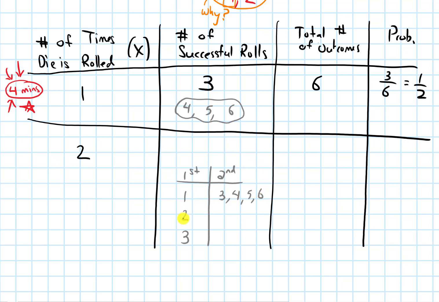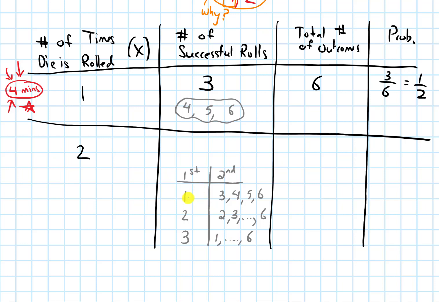In the same way, if the first roll is a 2, the smallest the second roll could be is a 2 so that the sum is greater than 3. Anything higher than 2 for the second roll would work, so 3, up until 6. And if the first roll is a 3, anything I get on the second roll would make the sum greater than 3. So 1 through 6.